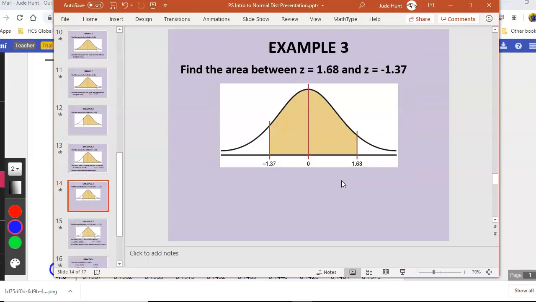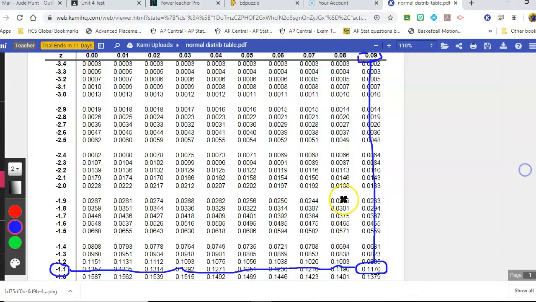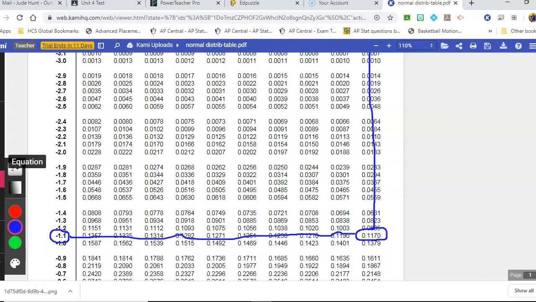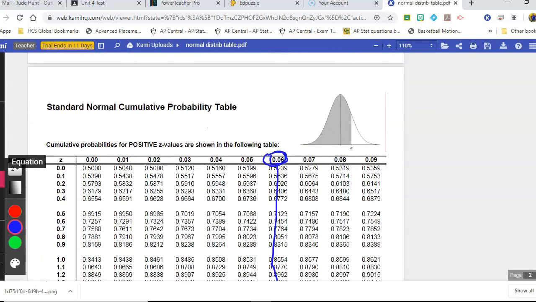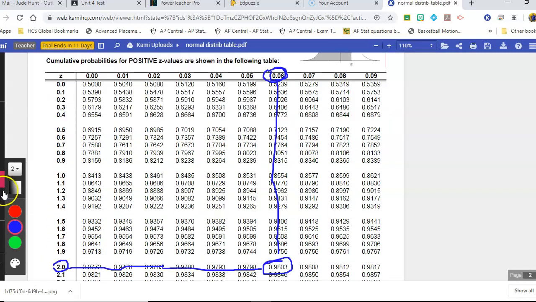So with that said, we're going to look up positive 1.68. Let's see if I can find 1.68. I know I'm marking everything up. There's my 1.6. I'm going to use a red now. So we're at 1.6, and we want to find 1.68, so we'll go to the 0.08 column as well.